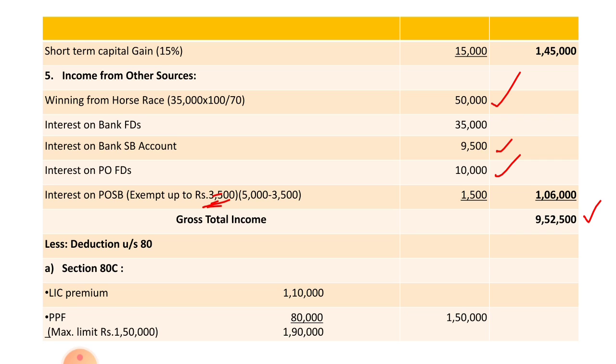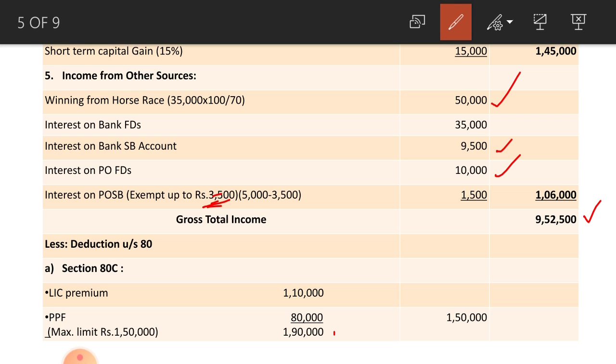See here, first one, section 80C, three items are there: LIC premium on self and daughter. The total of that two things amounts to rupees 1,10,000, and PPF 80,000. Maximum limit under section 80C amounts to 1,50,000, but the total of LIC premium and PPF amounts to 1,90,000.